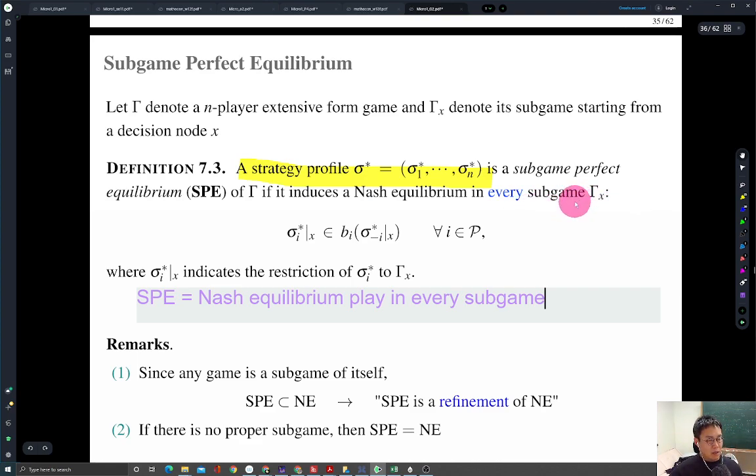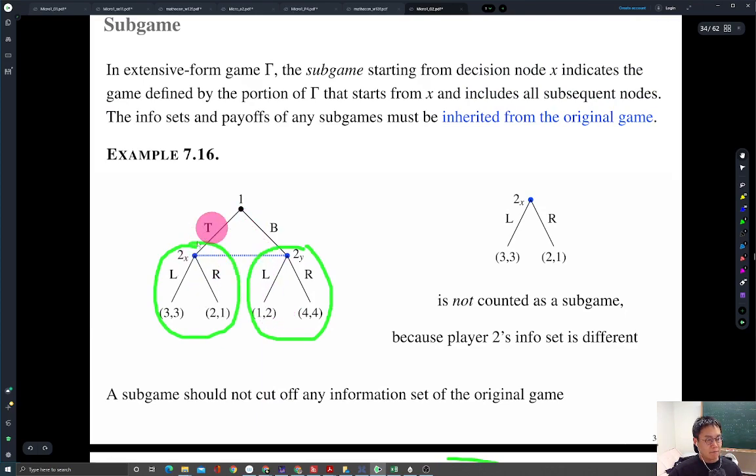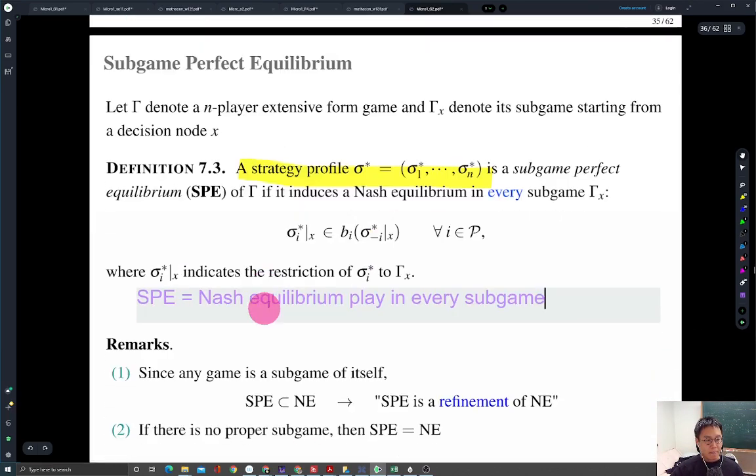All right, so let me mention two remarks on this equilibrium notion. First, any extensive form game has at least one subgame. Even for this extensive form game, it has a subgame, right? The entire game. So every extensive form game has the entire game as a possible subgame, and remember, subgame perfect equilibrium requires Nash equilibrium play in every subgame.